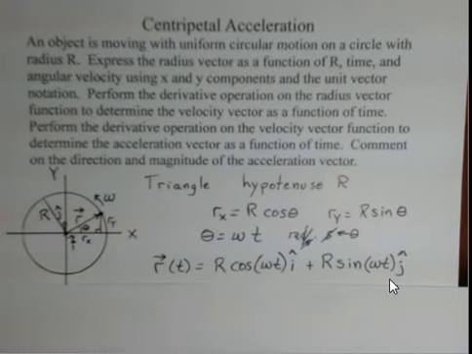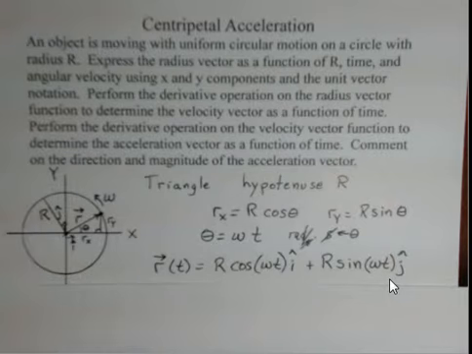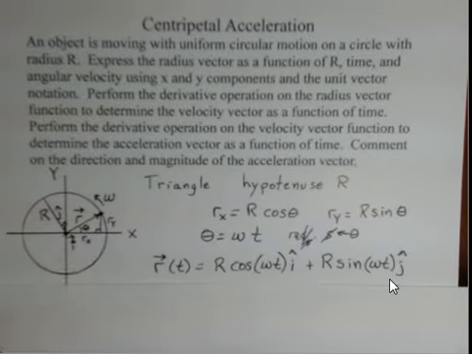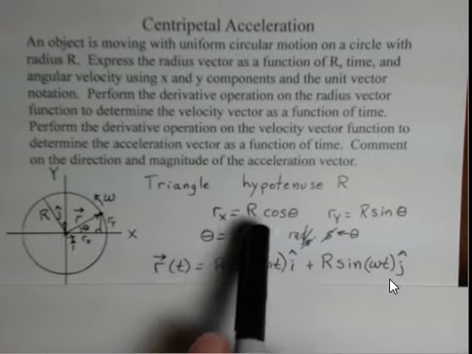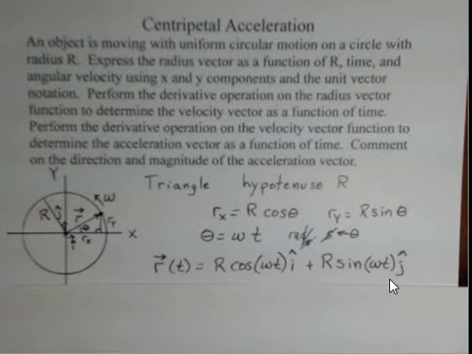At that point, the radius vector is the hypotenuse. The length of the radius vector is capital R, the radius of the circle. This radius vector has an x component and a y component. And r sub x would be r cosine theta. R sub x is adjacent to the angle, so the cosine theta is the correct choice there for the calculation.